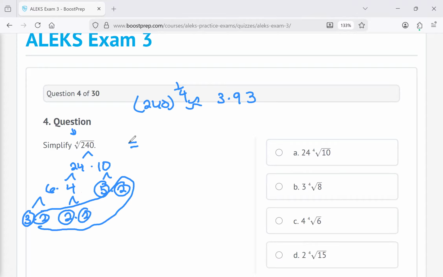So what happens is that these four twos become 2, and then you put it outside the radical, and then inside is your leftover prime numbers. So what are we left with? We're left with 3 and 5, which is 15. So your final answer is 2 times the fourth root of 15. Okay, that would be letter D.